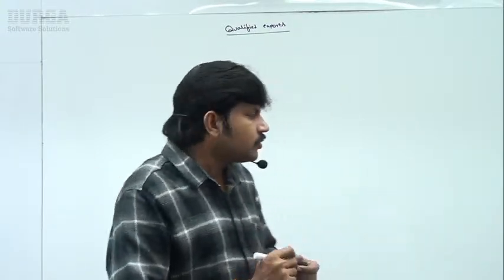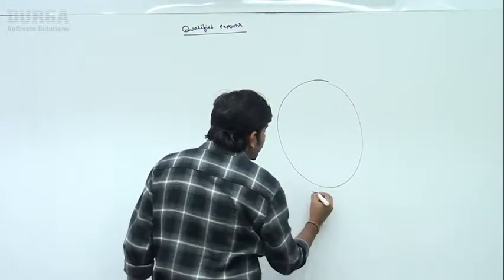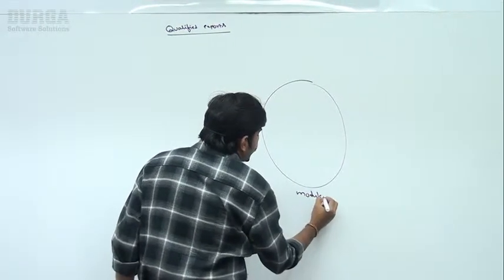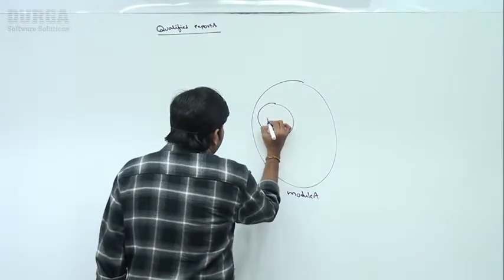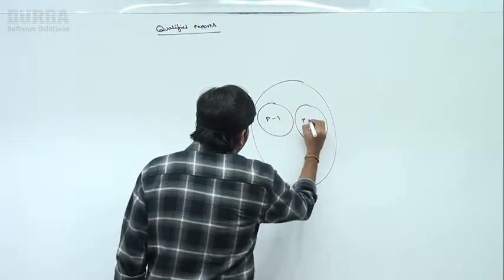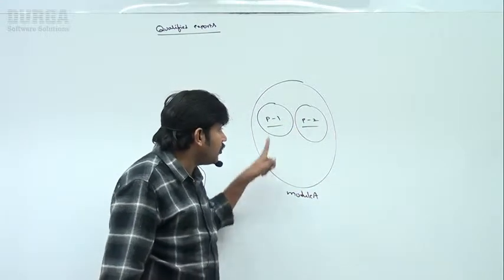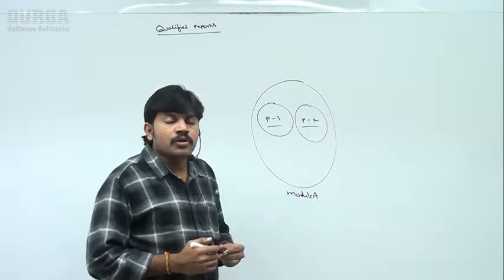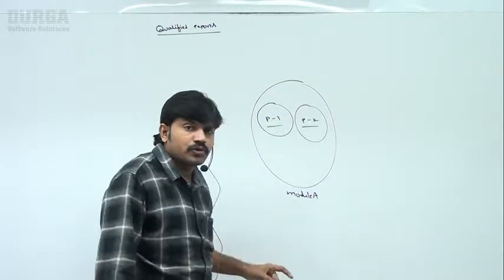Exports, right? The best example: suppose I have one module, module A. This module contains pack 1 and pack 2. So in total, how many packages are available in this module? Two packages, pack 1 and pack 2. By default, these packages are private to this module.